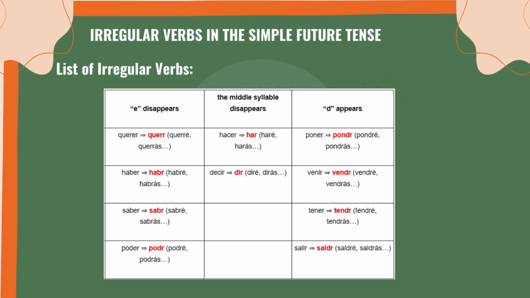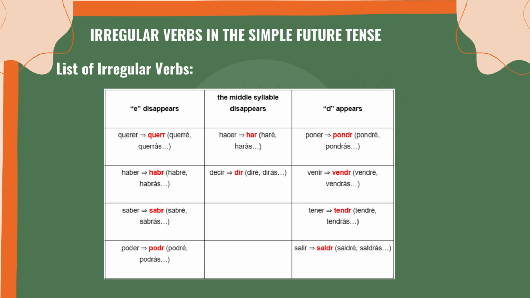Saber, to know, becomes sabr. Sabré, I will know. Sabrás, you will know. Tener, to have, becomes tendr. Tendré, I will have. Tendrás, you will have. Poder, to be able, becomes podr.